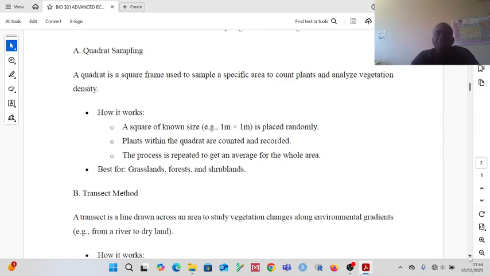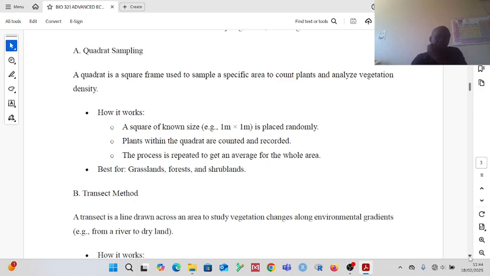Then you count and record the plants that you find within that quadrat. You repeat that process several times across the whole area where you want to do your vegetation assessment.